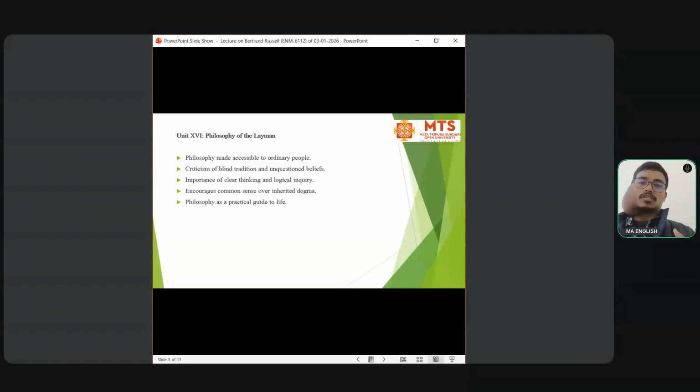Okay, so Russell also promotes common sense over inherited dogma. By common sense, he does not mean popular opinion, but rational judgment based on facts and reasoning. He believes that philosophy trains the mind to distinguish between what is reasonable and what is merely traditional.